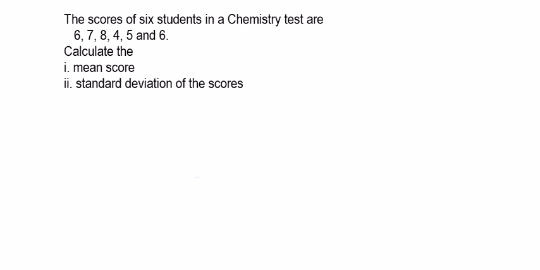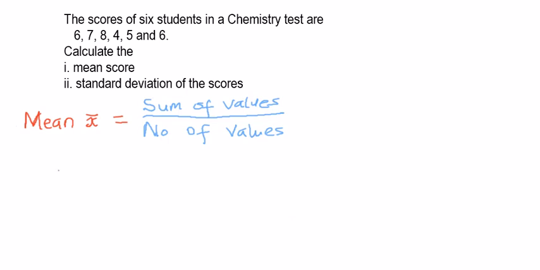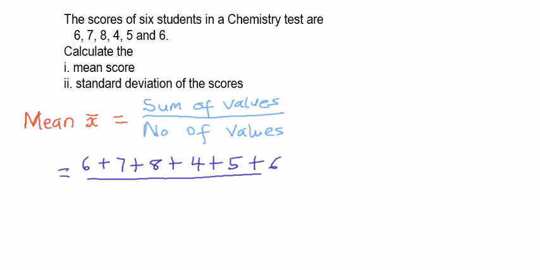To do that, let's remember the mean of any given set of values is equal to the sum of the values divided by the number of the values. So the mean here is equal to the sum of all these values, that is 6 plus 7 plus 8 plus 4 plus 5 plus 6, all divided by the number of values.